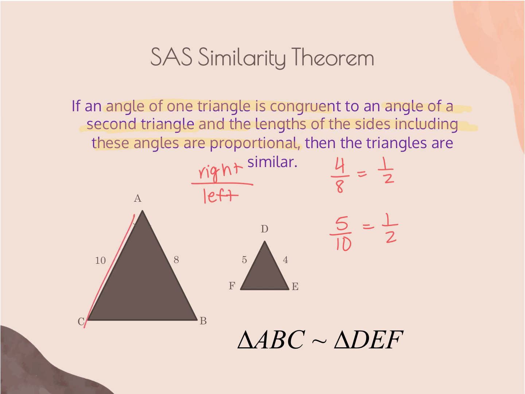And because these sides are proportional, the angle is included. Normally they would show you the angle, but it has to be the included angle. And I'm going to add a page and show you some other examples that will not be similar.